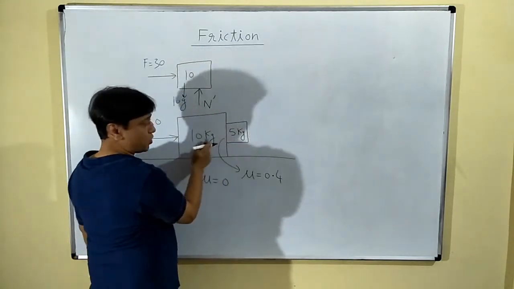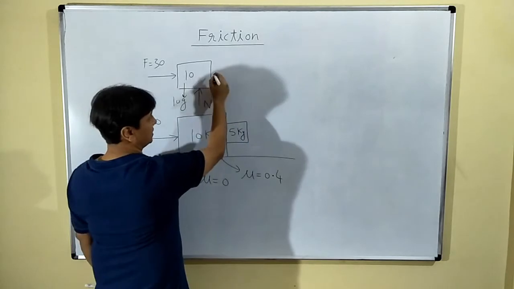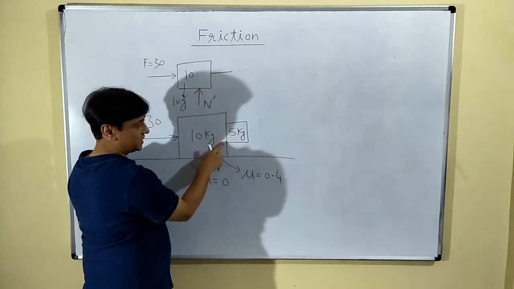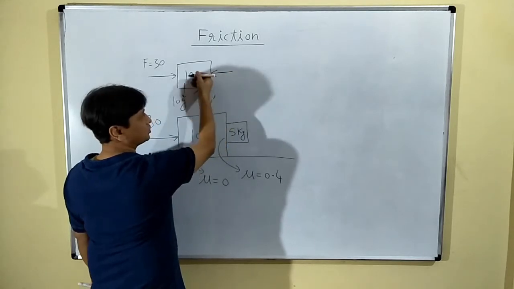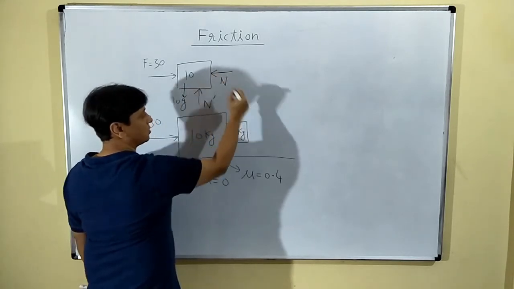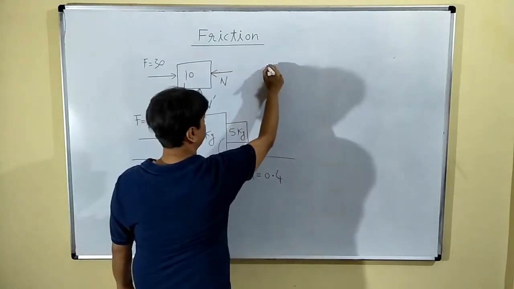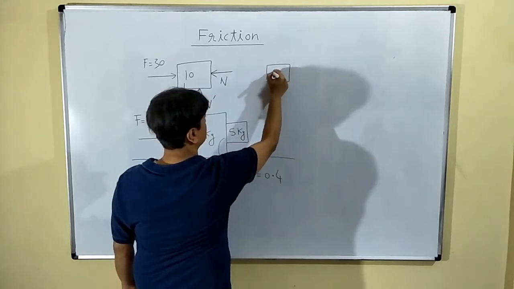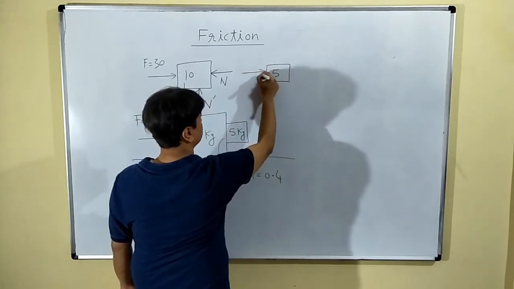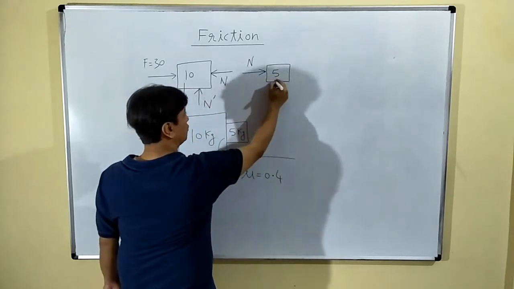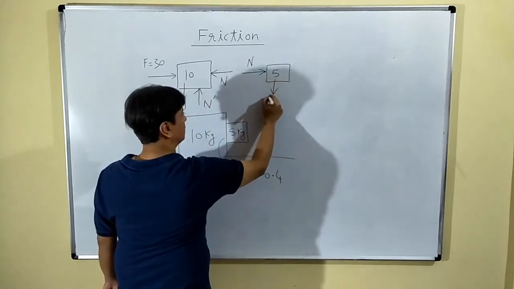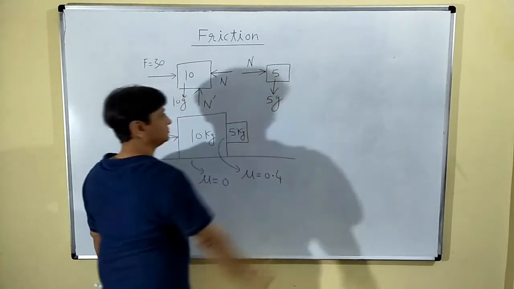This 5 kg block is going to push the 10 kg block in this direction. That's the contact surface, and the normal reaction is normal to the contact surface towards the body. For the 5 kg block, the same normal reaction acts in this direction, with a downward force of 5g.